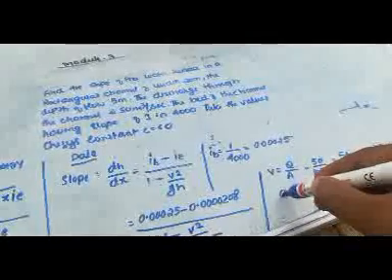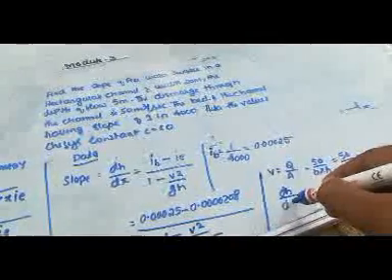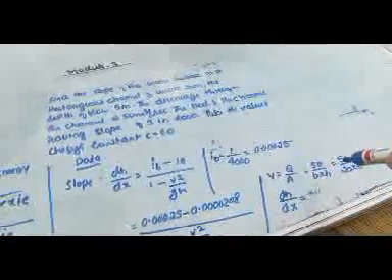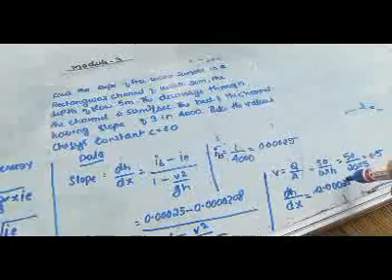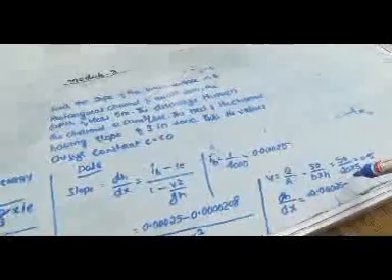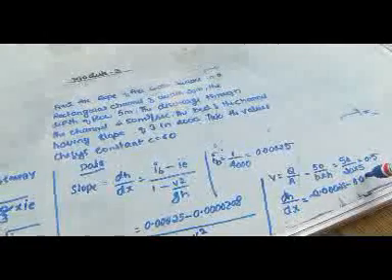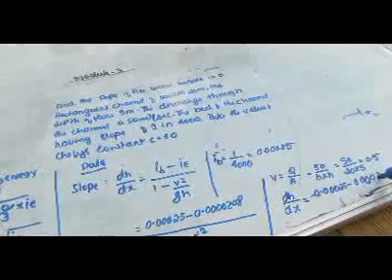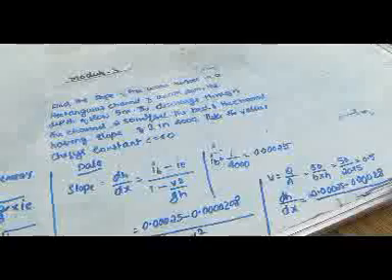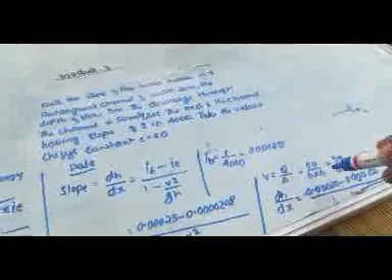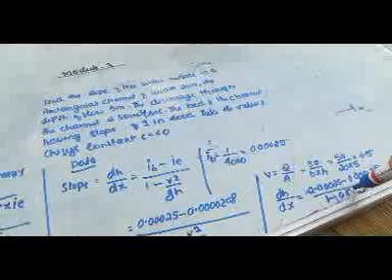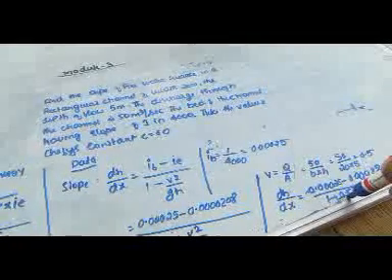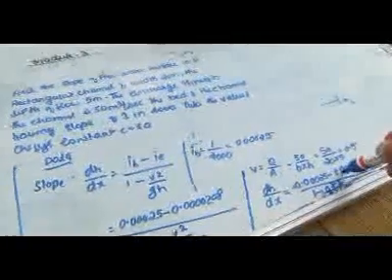So dH by dx is equal to 0.00025 minus 0.000208 divided by 1 minus 0.5 square divided by 9.81 into 5.